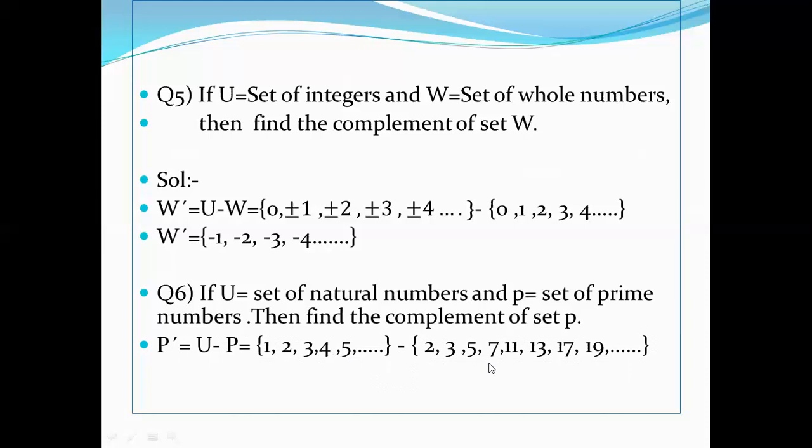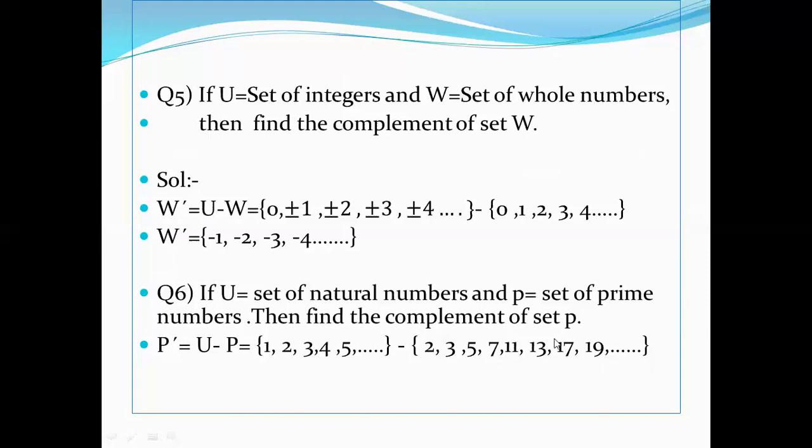Those numbers which fulfill this definition are prime numbers: 2, 3, 5, 7, 11, 13, 17, 19, 23, 29, 31, 37, 41. All these are prime numbers.